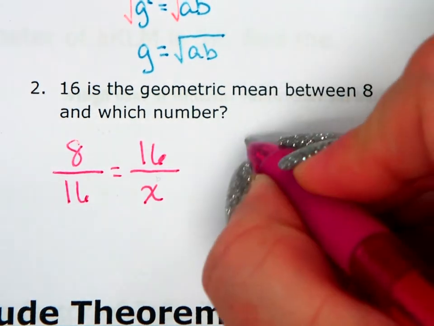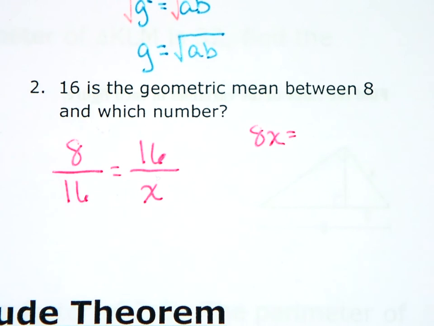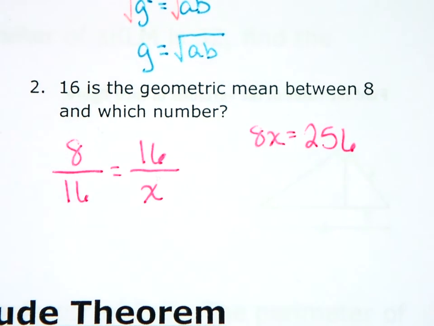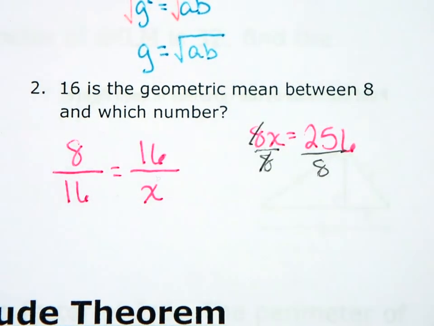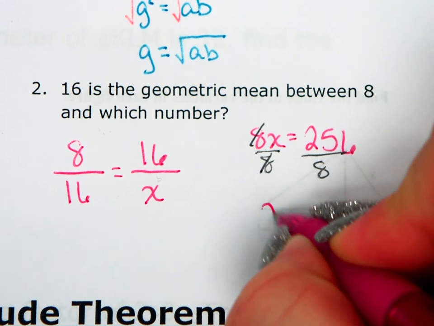So I cross multiply 8 times x and 16 squared, or 16 times 16, which gives me 256. How do I get rid of the 8? Divide. Division property of equality. And x equals 256 divided by 8, which is 32.